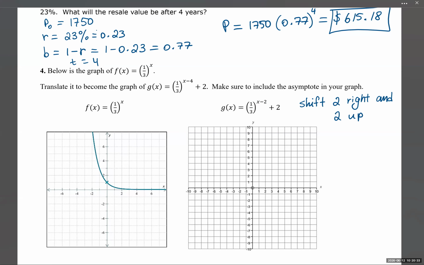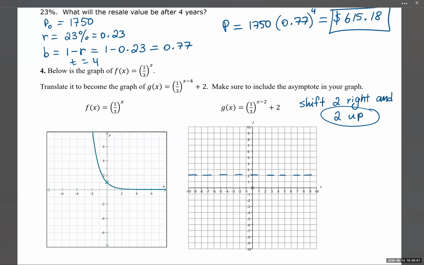Since the function has a horizontal asymptote at the x-axis, the vertical shift will affect that horizontal asymptote. So the asymptote is going to go up 2 also. It'll be right here.